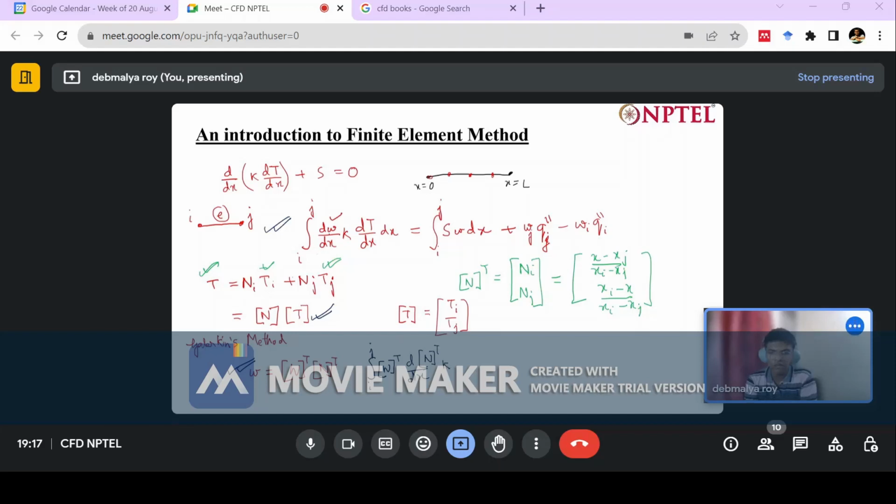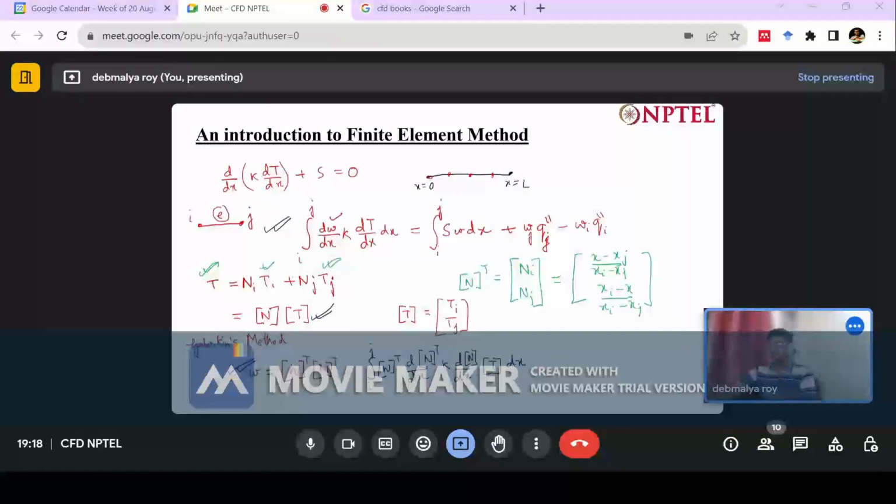K will be there, and when we substitute T, the N comes first, so this is dx of N. T will remain, but T will not be under derivative because these are parameters. These are not functions of x. These are basically temperatures at the two node points, so they are not dependent on x.